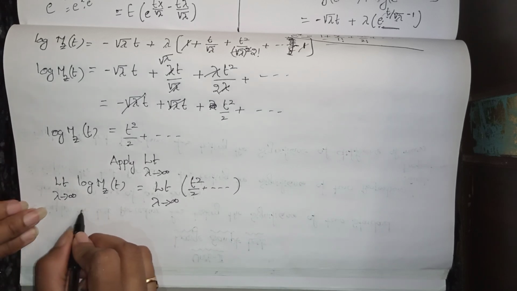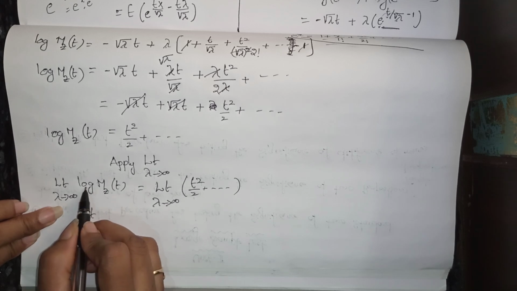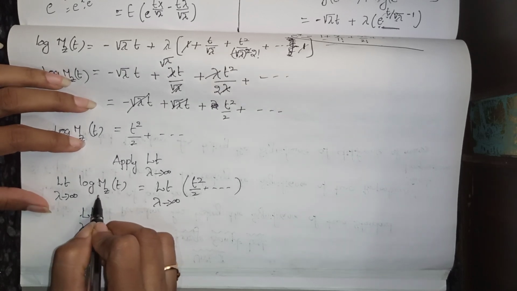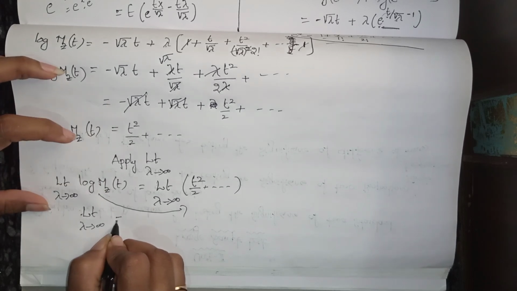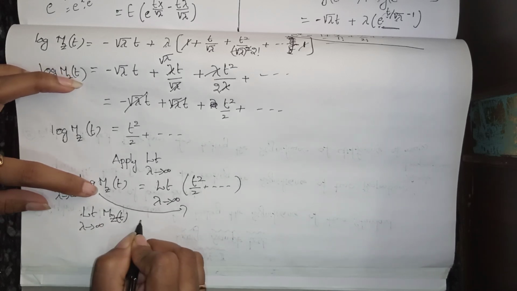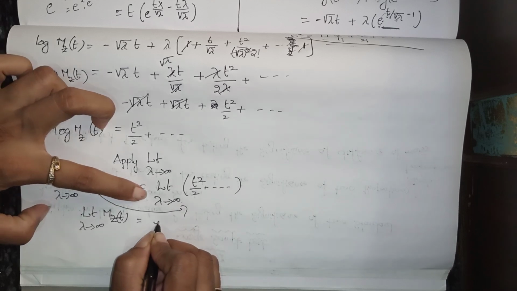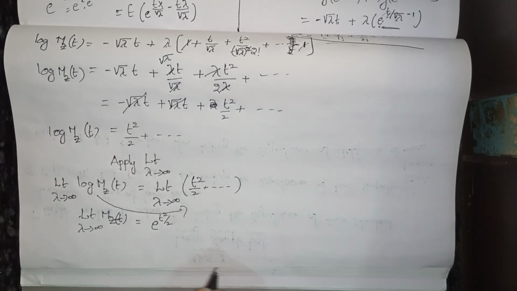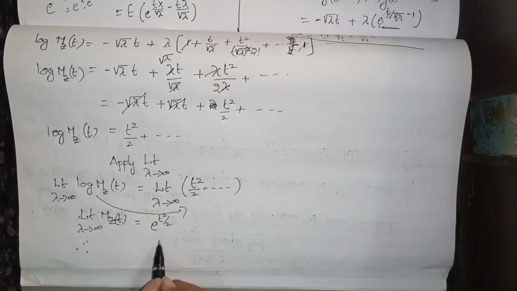If we take the log from this side to the other side, mz of t equals e power t squared by 2.